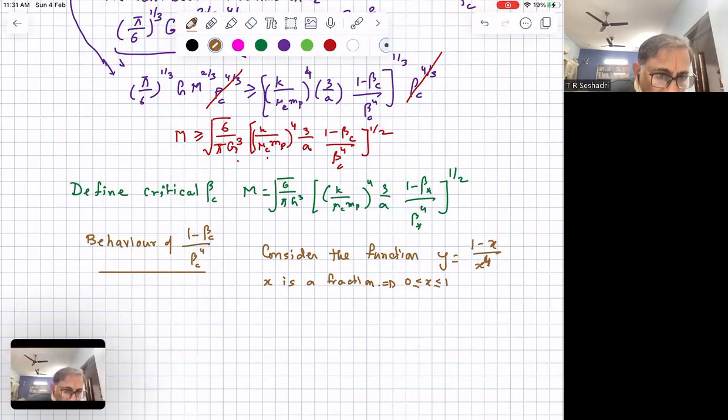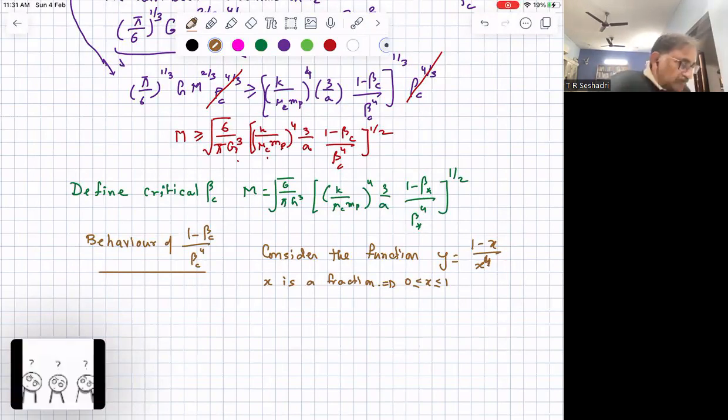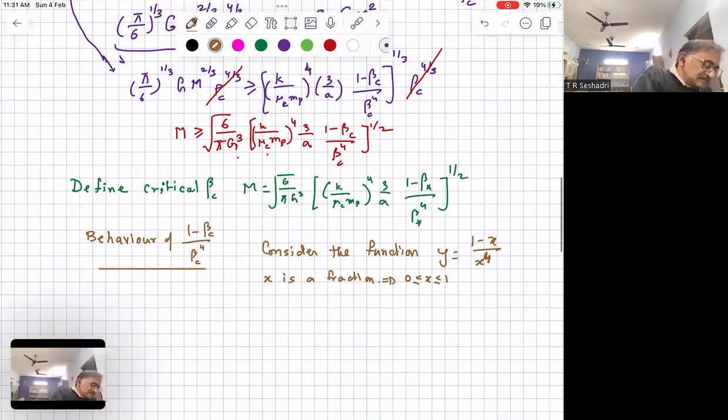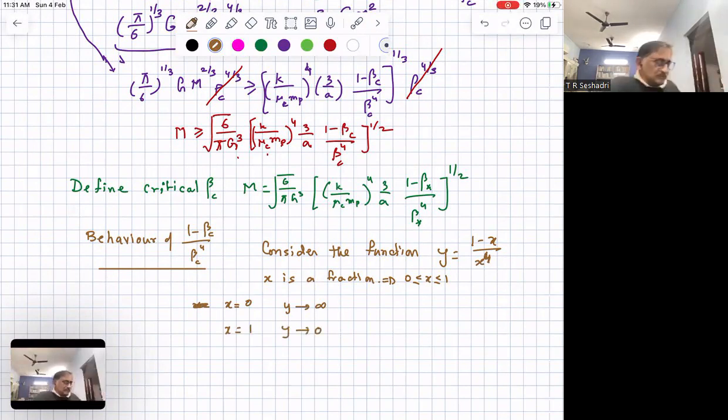Now let me see the behavior of this. When x is equal to 0, y tends to infinity. When x is equal to 1, y tends to 0.